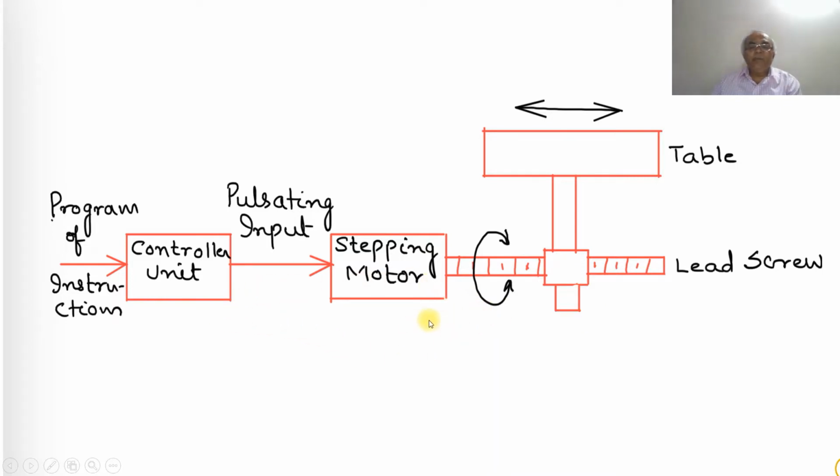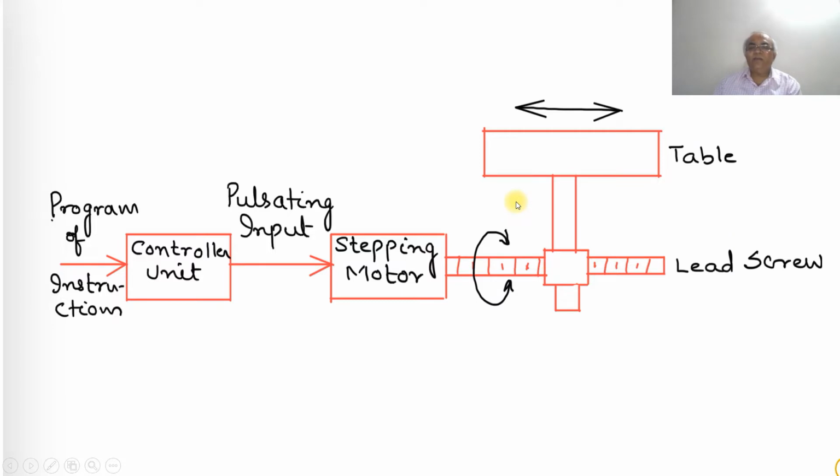In manual operation, we have a handle, and if you rotate the handle, the table will move. But since this is a CNC machine, we cannot operate by hand. So we want to drive this table, and to drive it I need a motor.